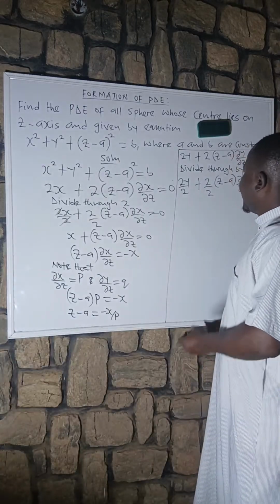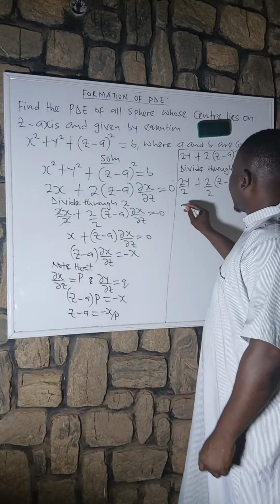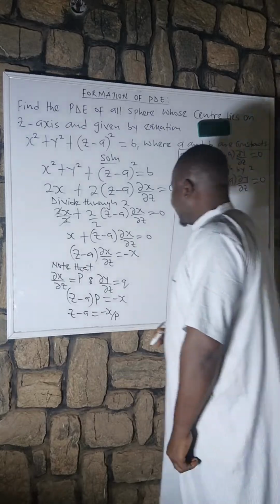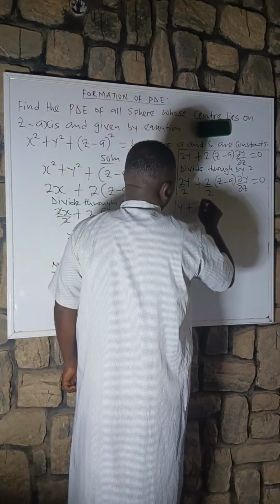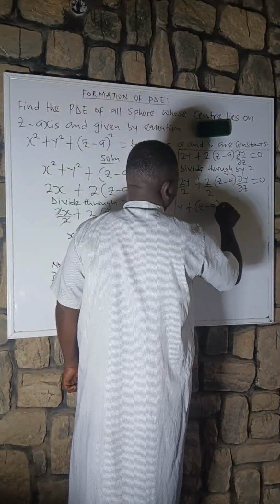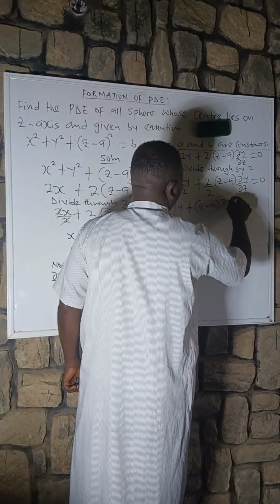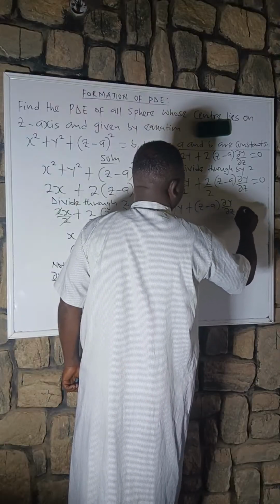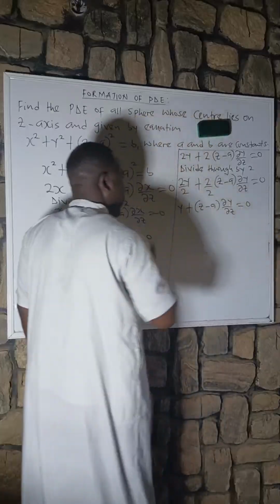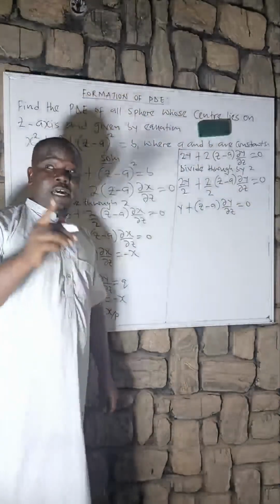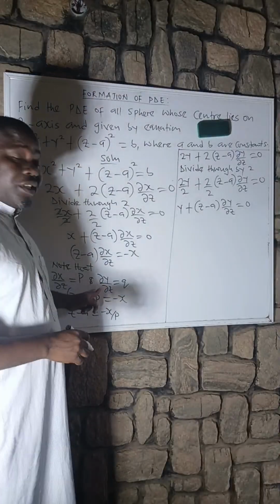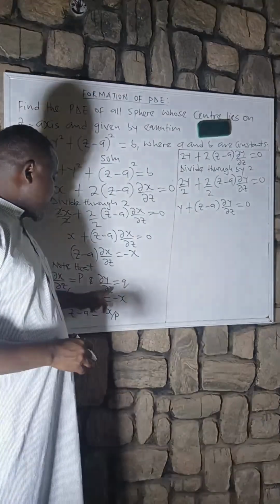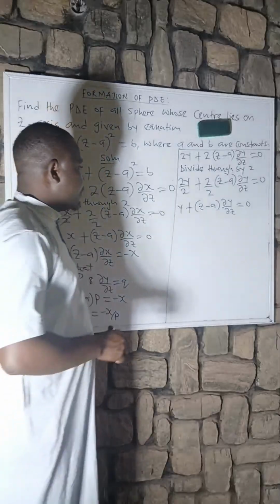Yeah, so far so good. You don't need a prophet to tell you. Here we are going to have y plus z minus a partial y all over partial z equals 0. But I mentioned to you that as long as PD is concerned, partial y all over partial z is q.